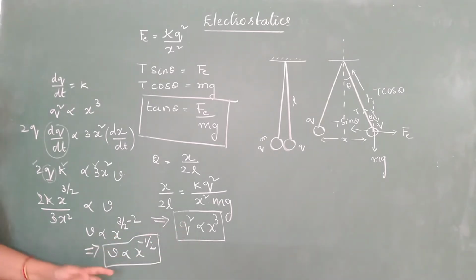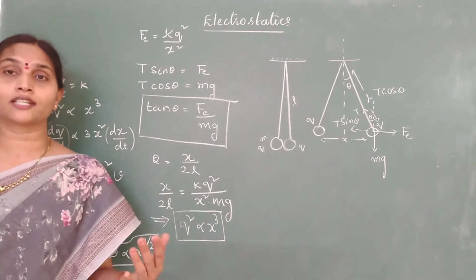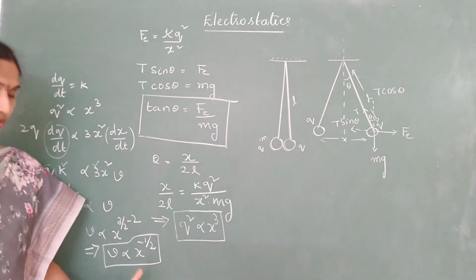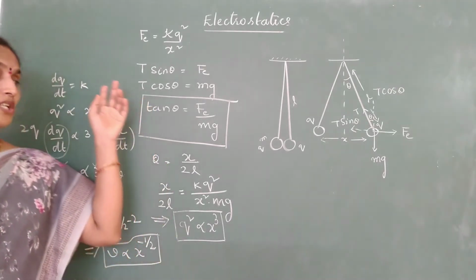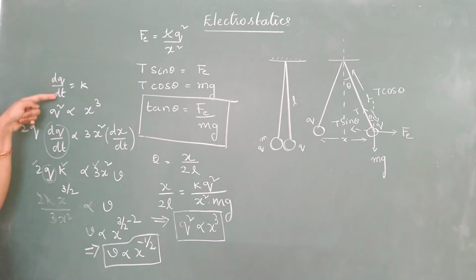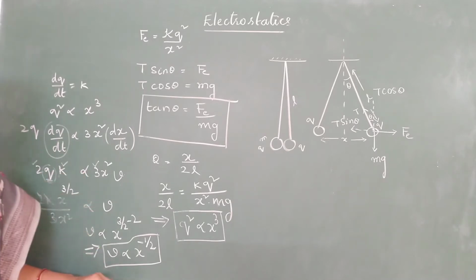So this is how even on speeds you may get a question. Because in this question they said the rate at which charge is lost is constant, we have continued. Sometimes they may give dq by dt as kx. So continue the same. Instead of dq by dt taking it as a constant, you will write it as k into x. Modify it according to the question.